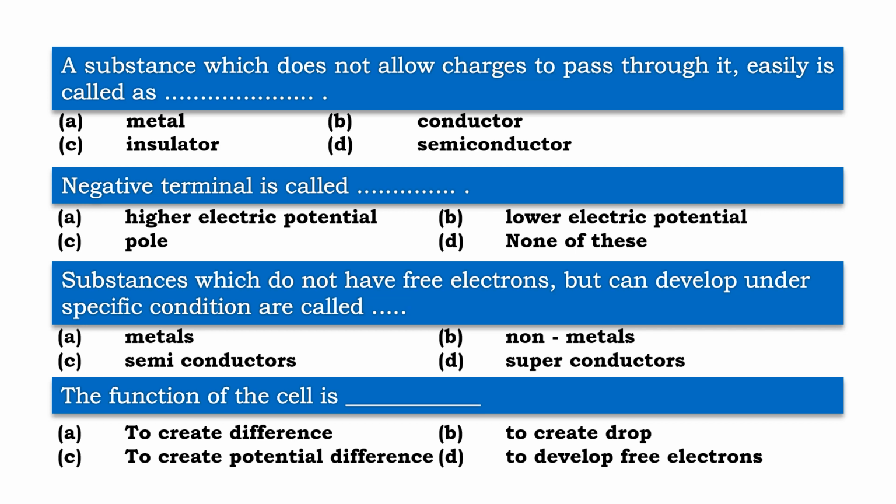Substances which do not have free electrons but can develop them under specific conditions are: A, metal; B, non-metal; C, semiconductors; D, superconductors. The function of the cell is: A, to create difference; B, to create drop; C, to create potential difference; D, to develop free electrons.